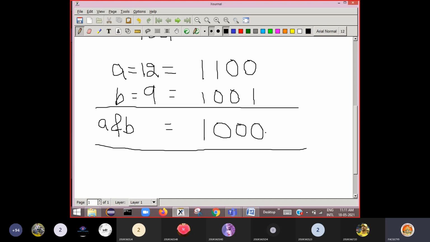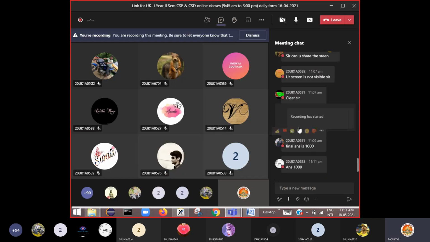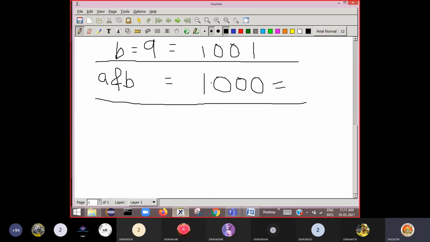Okay, now what is this value? What is this value in decimal form? Again, the result also you should express in decimal form. So how to convert this binary into decimal? Now what is the answer I got? 1 followed by 0 0. 1 0 0 I got.